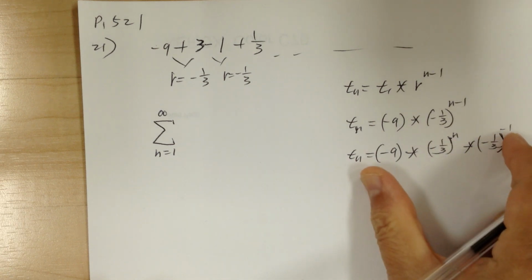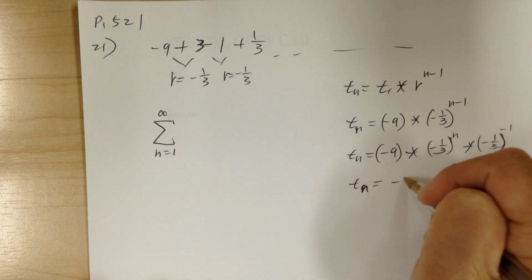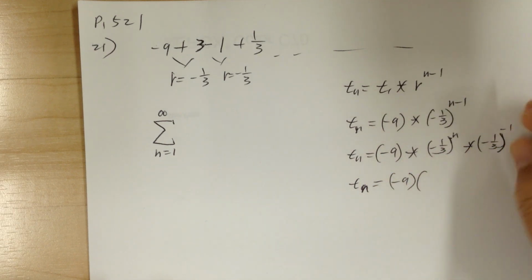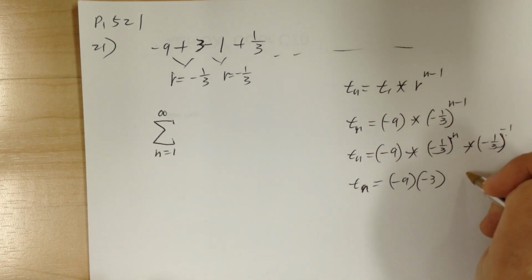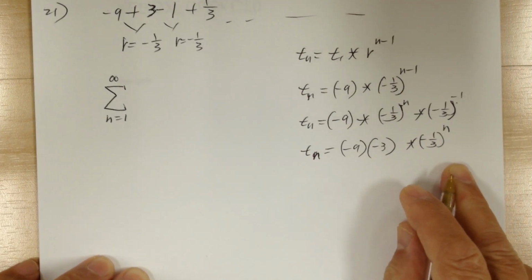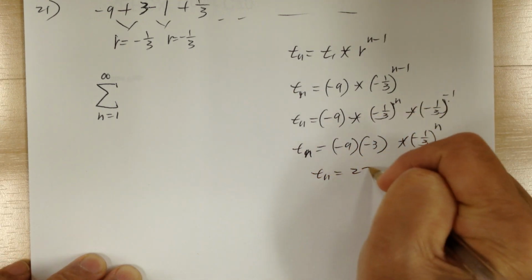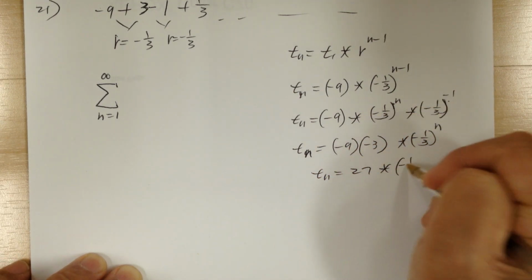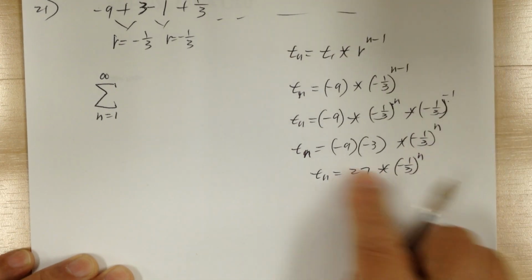When you combine these, you flip this over, so it'd be negative 3. So this is equal to that times negative 1/3 to the n. Again you flip this over, and t of n will equal 27 times negative 1 over 3 to the n. So that's how you can get it in here.